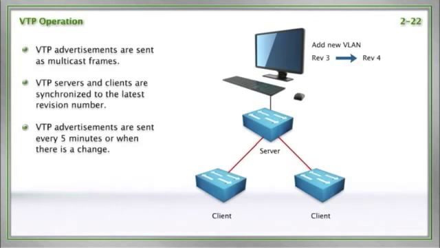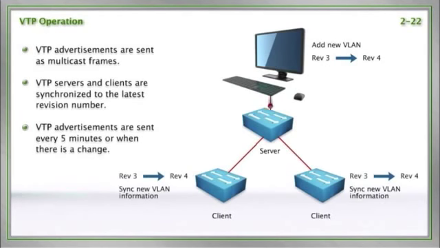And then sure enough, the server updates the clients with this information, and the clients go, hey, wait a minute. I am at revision 3, and I'm seeing information that's revision 4. 4 is bigger than 3, so I better go ahead and update based on this information. I mean, that is the simplicity with how this protocol operates. And I'm not kidding. It's that simple, folks.